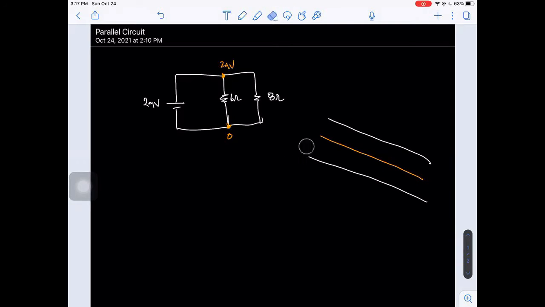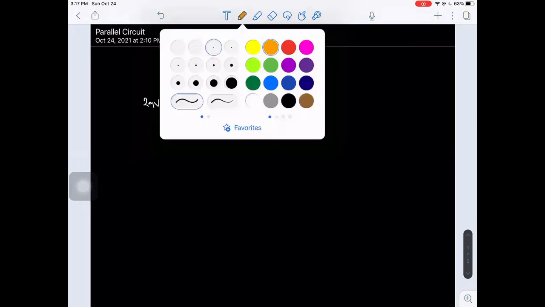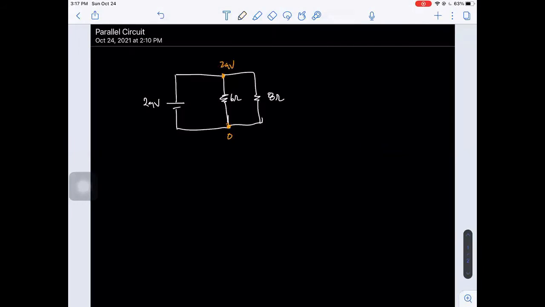Okay, so let us solve for the current across each resistor. How can we solve this? We can use the formula V is equal to IR. We know that the voltage supply is 24 volts and resistor 1 is 6 ohms. So we have 24 divided by 6, and that is 4 ampere.